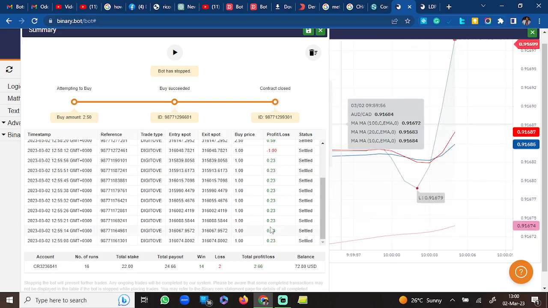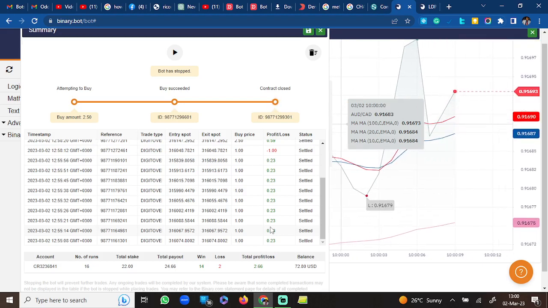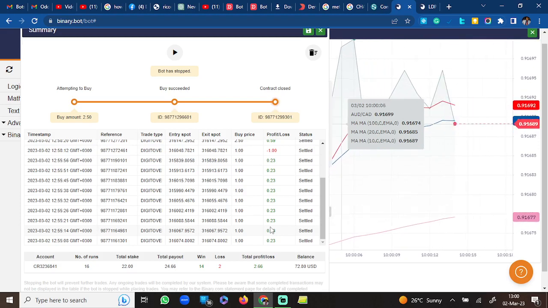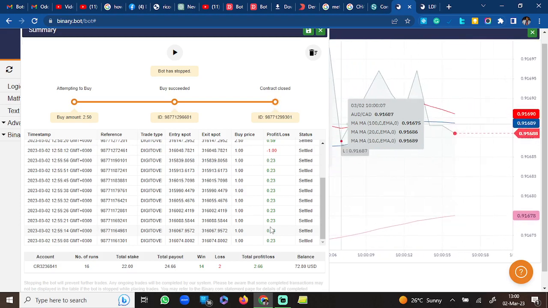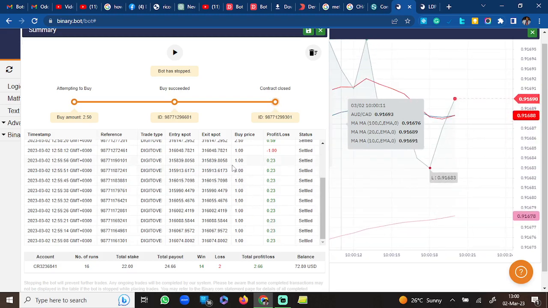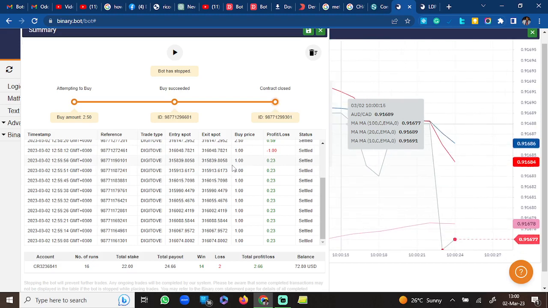Why? Because you have a small account, maybe you're staking 0.35. For you to make a reasonable amount, you will need to make so many runs. But this other guy, since they have a big account, they make like 10 runs, or sometimes even less than 10, 5 runs, and they're taking profit.